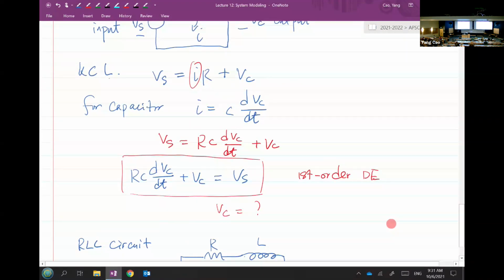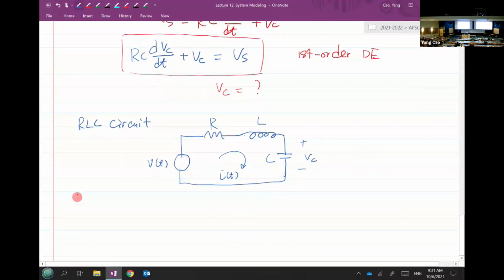I should say this should be KVL instead of KCL. All right, let's apply KVL. You have this loop here. So this time we write V of t here. This is the input, and it should equal the voltage across all the components, including the resistor, the inductor, and the capacitor.